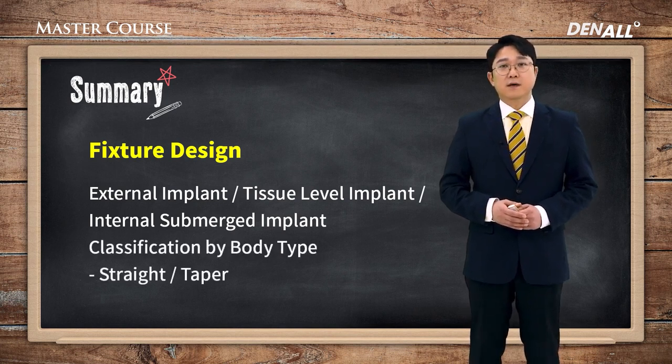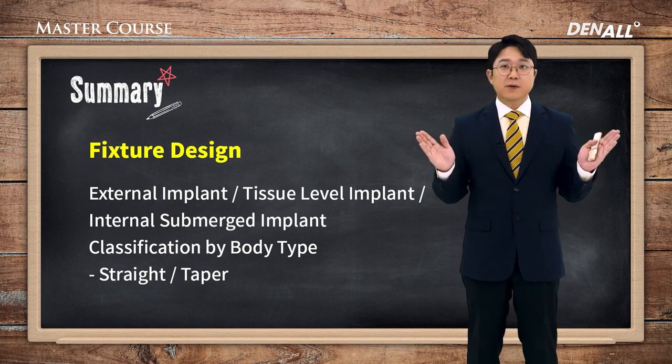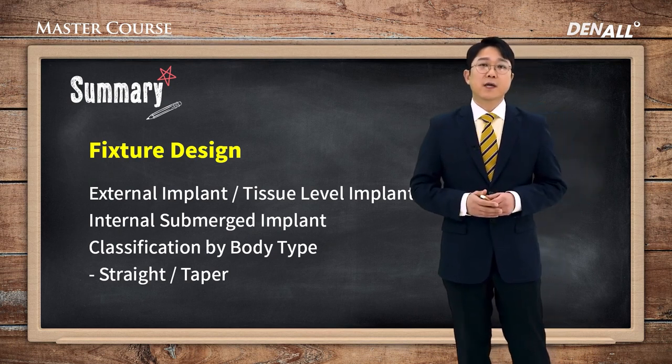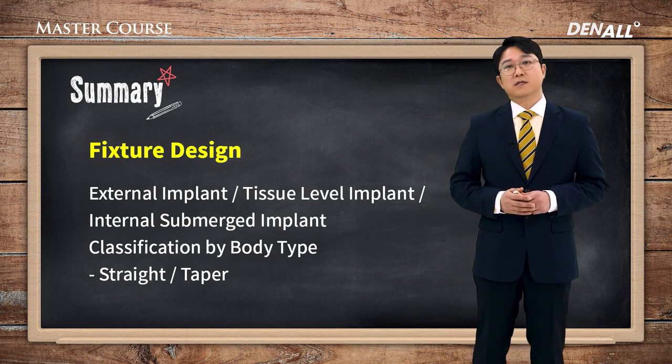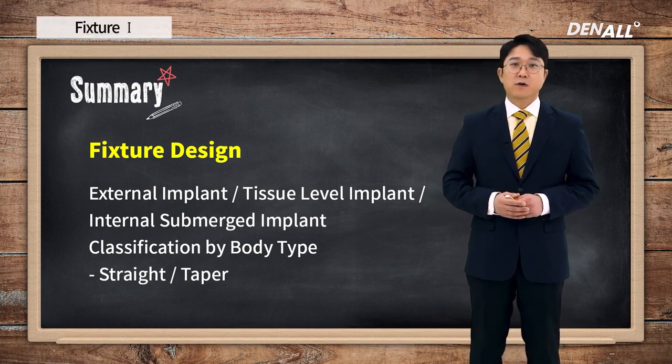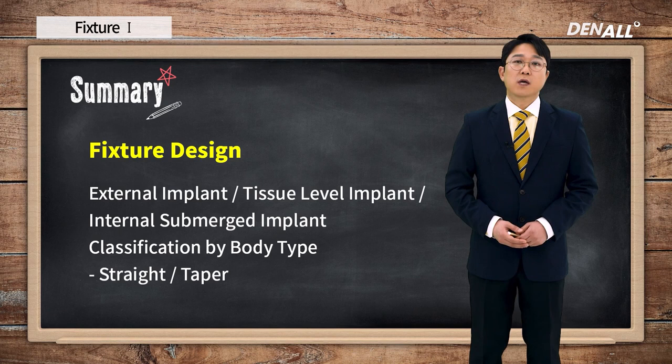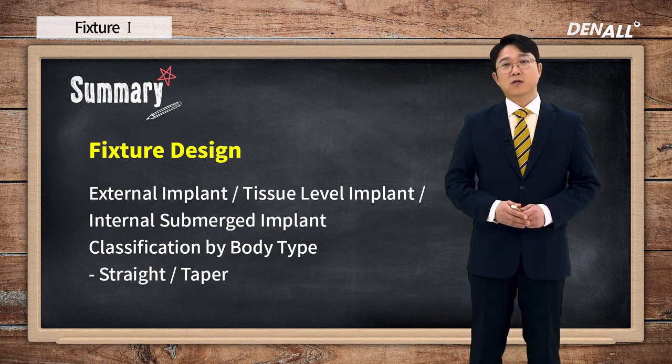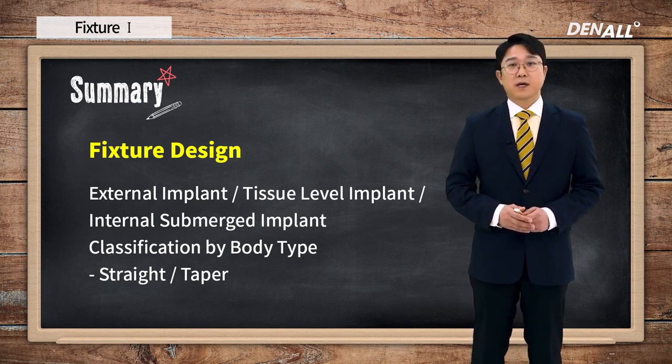Depending on the type of the fixture body, it is classified into straight and taper. Personally, I don't use a straight type. I use taper implants with good initial stability and relatively good stability with the adjacent structure.